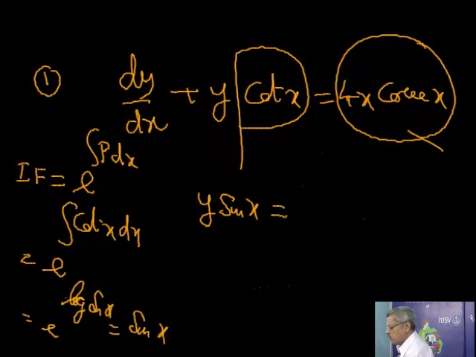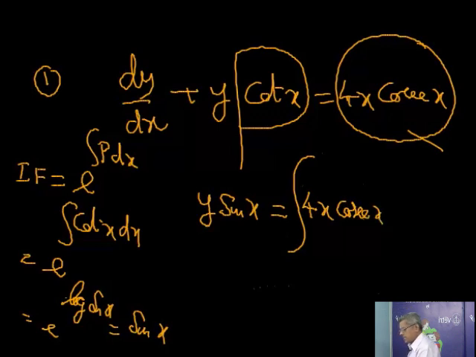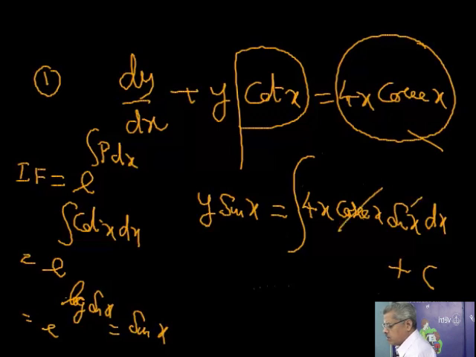That is equal to integral q, q is 4x cosecant x, into e power integral p dx, that is sin x. We integrate with respect to x and add one constant. Sin x cosecant x gets cancelled.